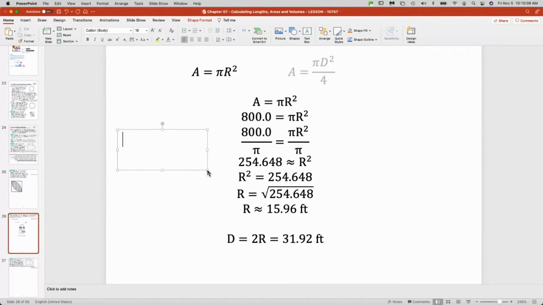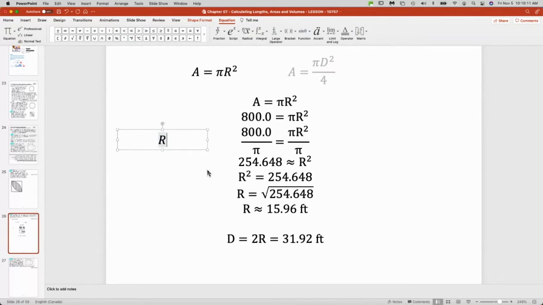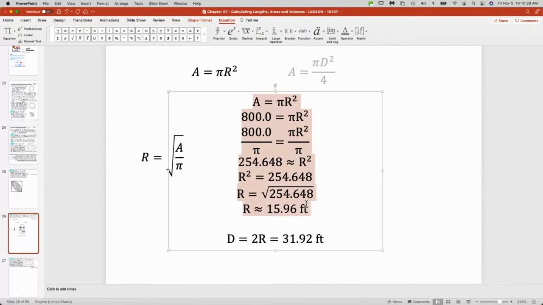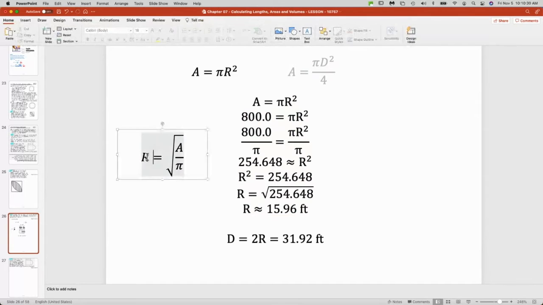What is the radius if you're given the area of a circle? The steps involved taking a square root and dividing the area by pi. So there's the formula for the radius immediately. If you know this formula, then you can skip all of this algebra and just get the radius quickly.